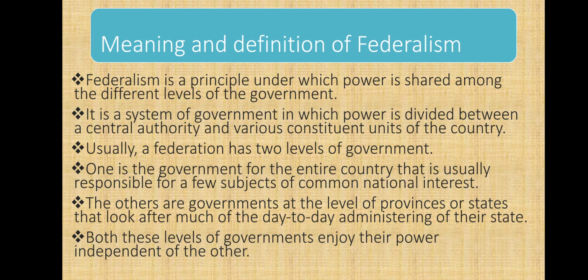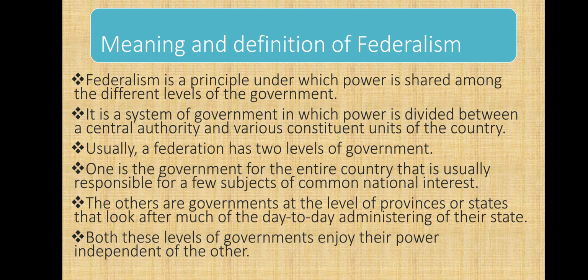Although the process was complex, you can see these were the different levels of government. You have studied about forms of power sharing, and such type of power sharing is also known as vertical power sharing, because it's going from top to bottom.